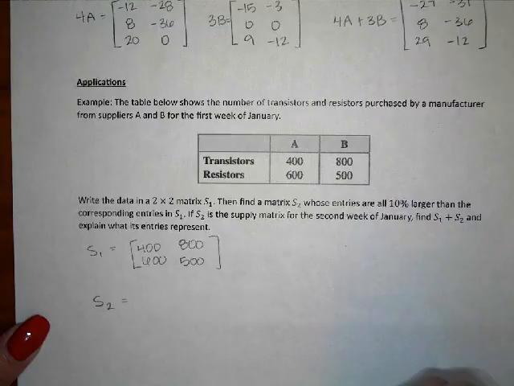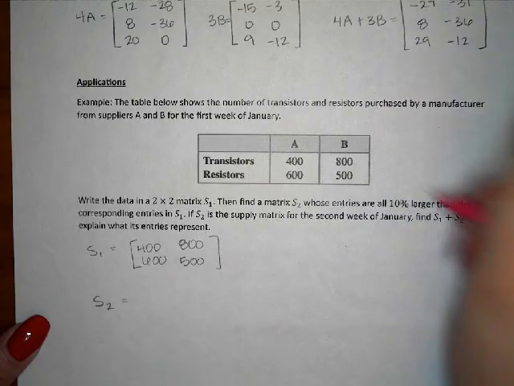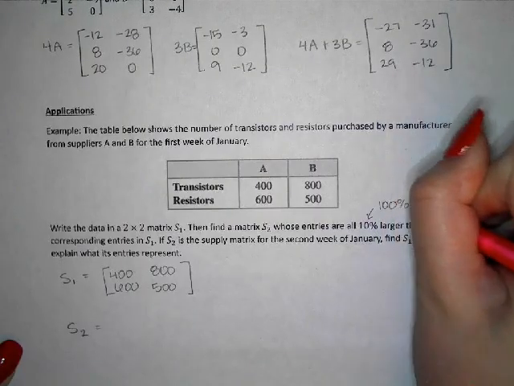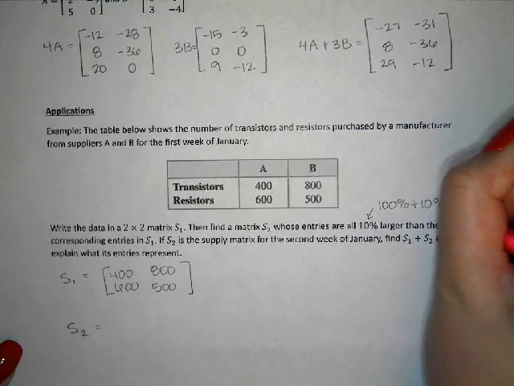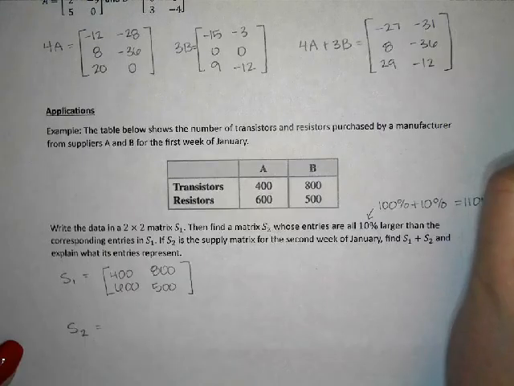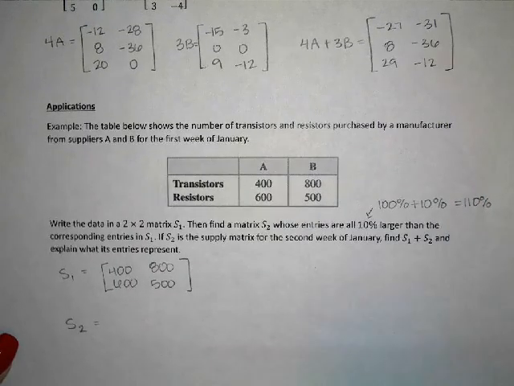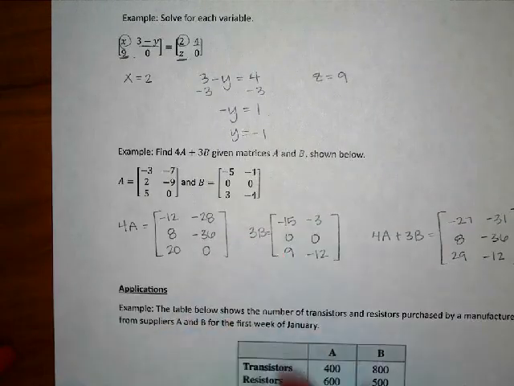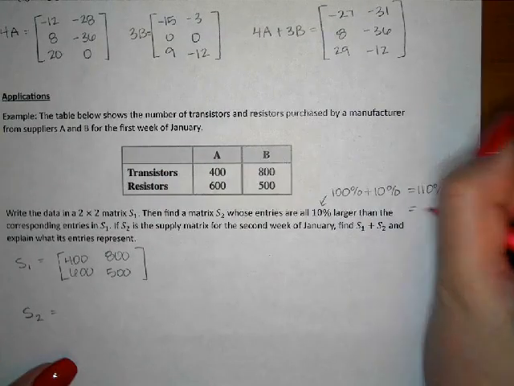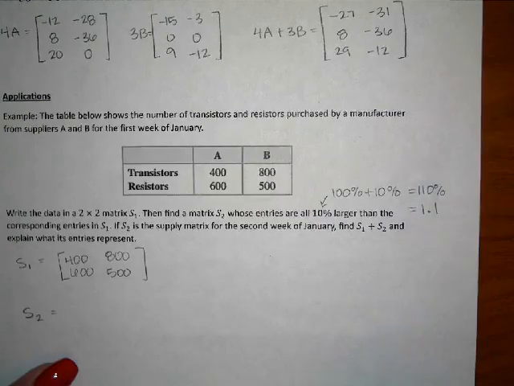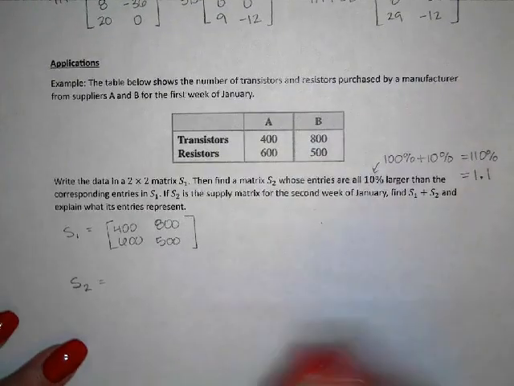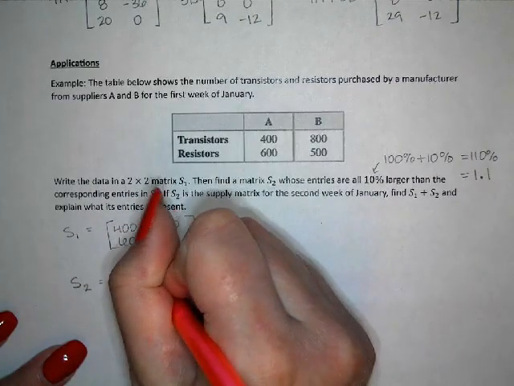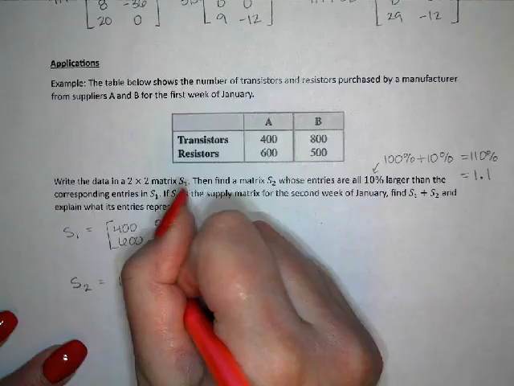So 10% larger would be 100% plus 10%, which is 110%. And if we think of that as a decimal so that we can use a scalar multiplication, kind of like this right here, that decimal would be 1.1. So what we're going to do is take S sub 1 and multiply it by 1.1 to get S sub 2.